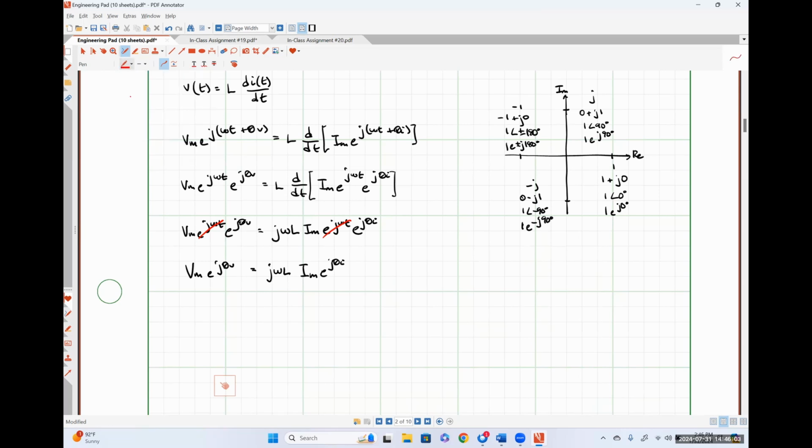So let me do it in orange. So this j right here, we could just as easily call that 1e to the j 90 degrees.